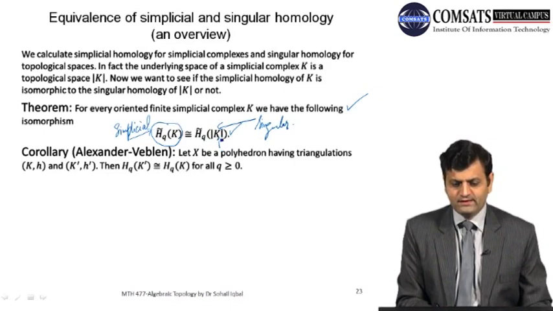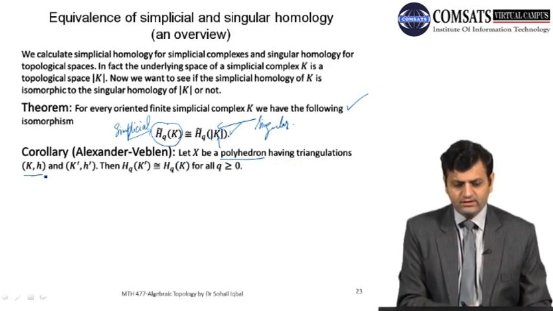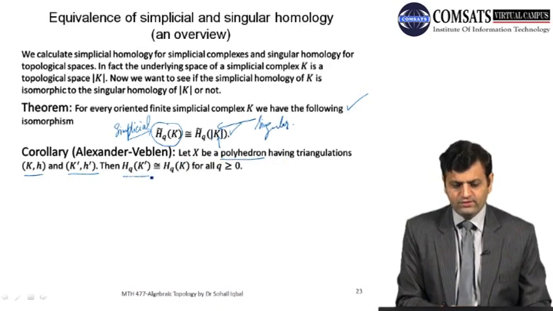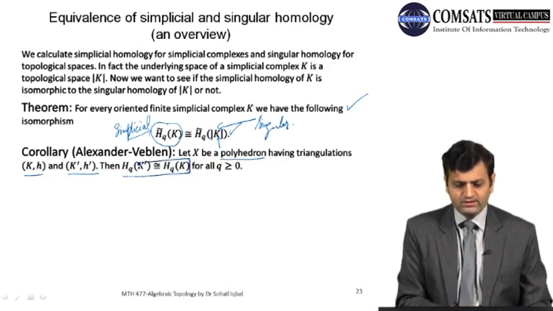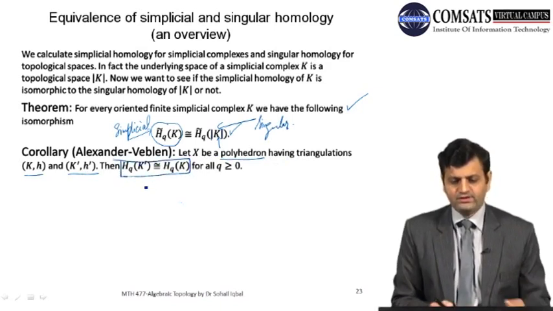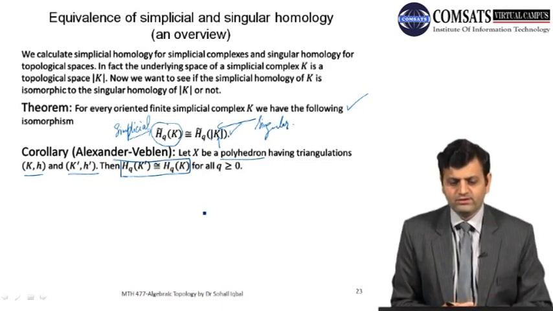The underlying space of this simplicial complex is a topological space, and we can calculate the singular homology of this topological space. As a corollary, if we have a polyhedron having two triangulations, K h and K prime h prime, then the homologies of these two are equal. That's another important aspect of the simplicial homology.